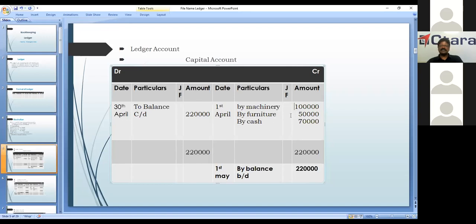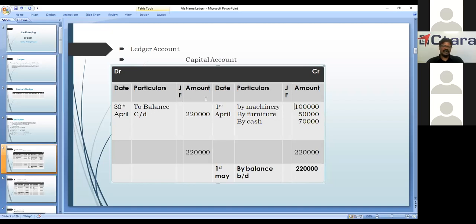The left-hand side total is 2,20,000. On the right-hand side we don't have anything, so we have to balance the account. We put balance carried down 2,20,000 and balance the amount. This is the ledger for the capital account.